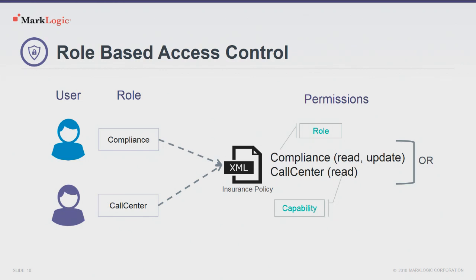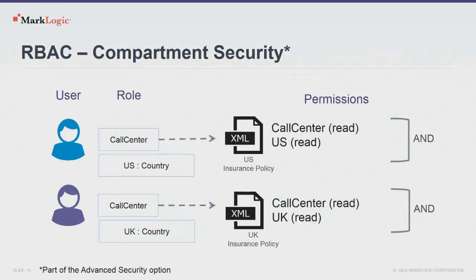We also have an advanced way of using this, which is called compartment security. Let's say, for instance, my use case is that I have an insurance policy in the US and another in the UK, and because of regulation, for instance GDPR, that cannot be exposed outside the UK. In that case, I will create what is called a compartment, and in my example, the compartment is the country.